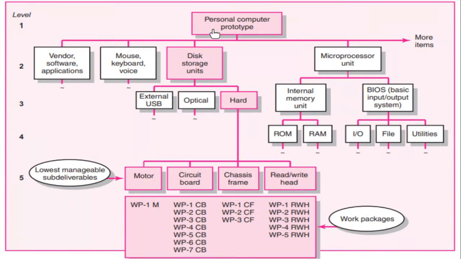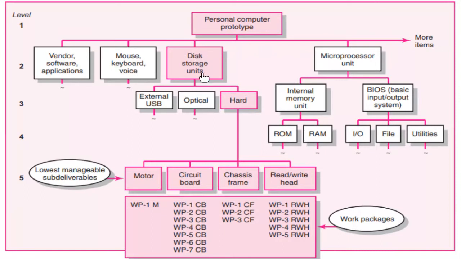At level 2, you are breaking down this project into smaller, more manageable components. The first consideration is vendor software application. You see this as being a pillar to deliver this. Mouse, keyboard, voice system is another one.